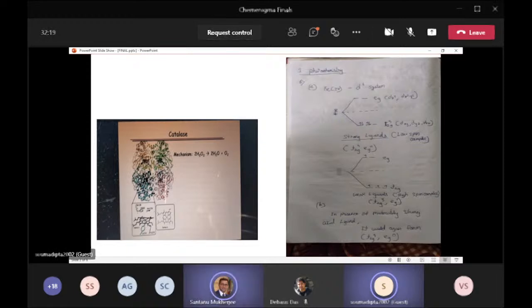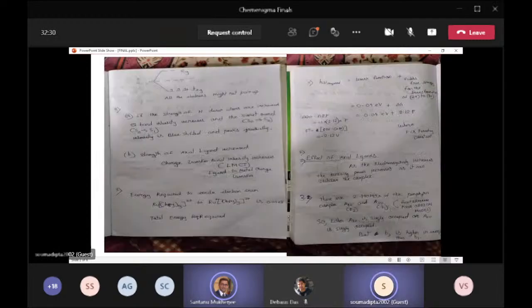Okay, fine. And you said in the case of moderately strong ligands, there will be partial pairing, right? Can you explain that? Sir, here it can be said that the splitting is not the mean pairing energy.